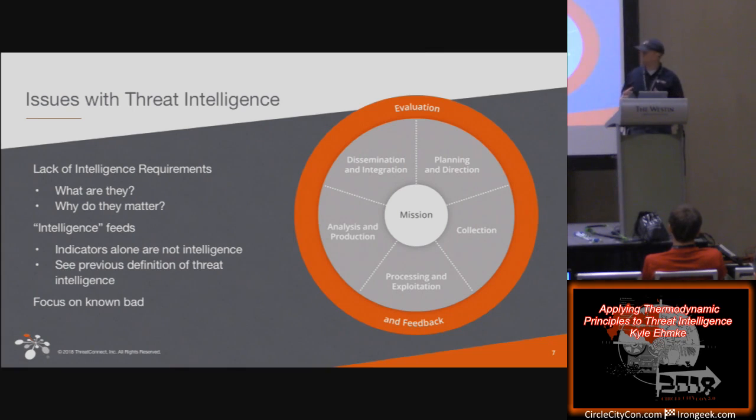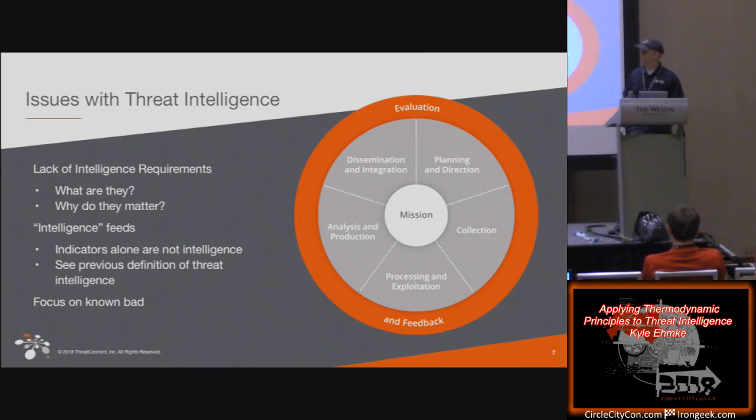If you consider the intelligence cycle here on the right, intelligence requirements are a part of the planning and direction phase. So let's say that you are an organization that's in the healthcare sector. An intelligence requirement for your organization might be to identify activity targeting the healthcare sector.